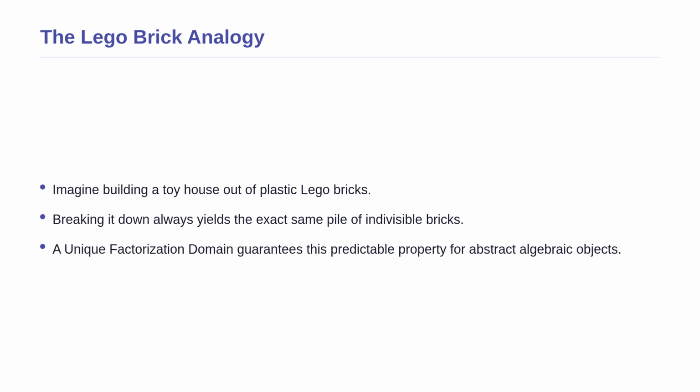In mathematics, we love breaking complex objects down into their simplest building blocks to understand them better. A unique factorization domain is simply a mathematical universe where this beautiful, predictable Lego brick property holds true for abstract algebraic objects, preventing mathematical chaos.